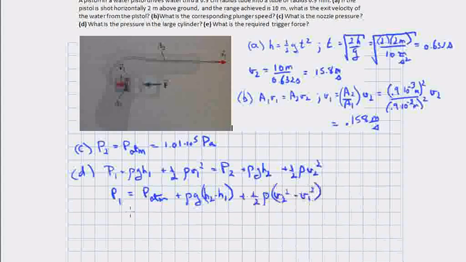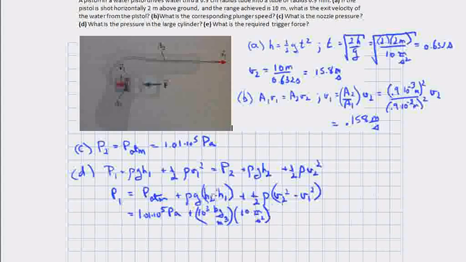Okay, so that is 1.01 times 10 to the 5th Pascal, that's atmospheric pressure, plus the density of water, 10 to the 3rd kilograms per cubic meter, times the acceleration of gravity, 10 meters per second squared.